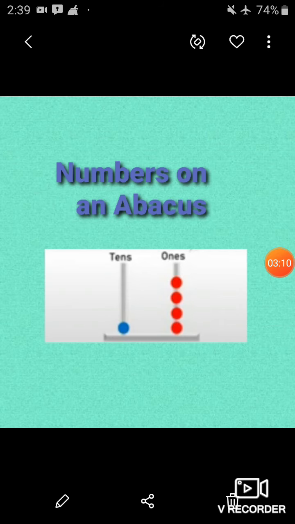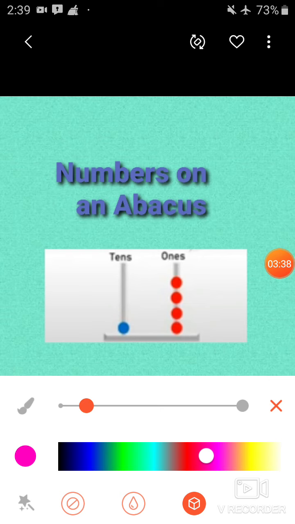Now students, we will study about the abacus in maths. What is an abacus and what number does the abacus show? Look here, this is a picture of an abacus. There are two spikes or rods in this abacus.